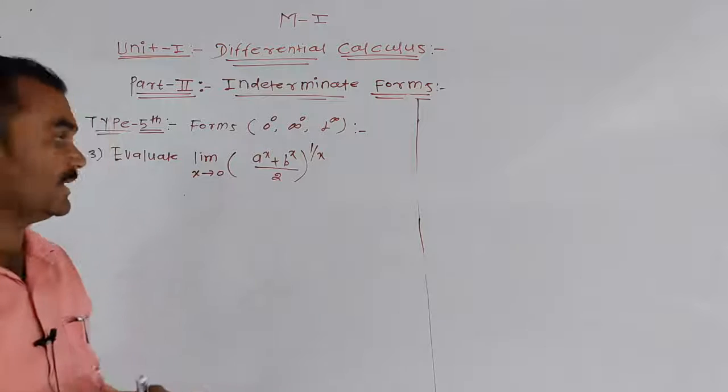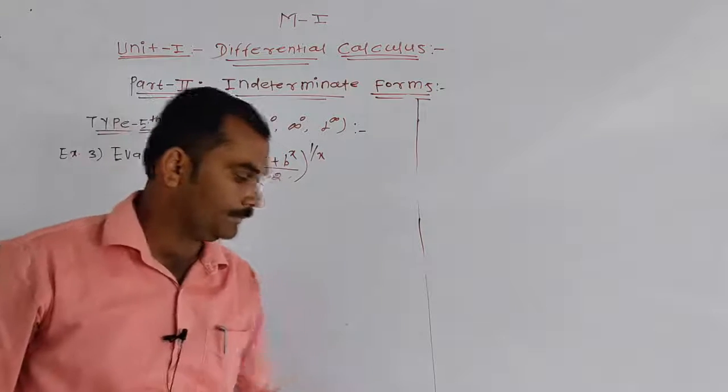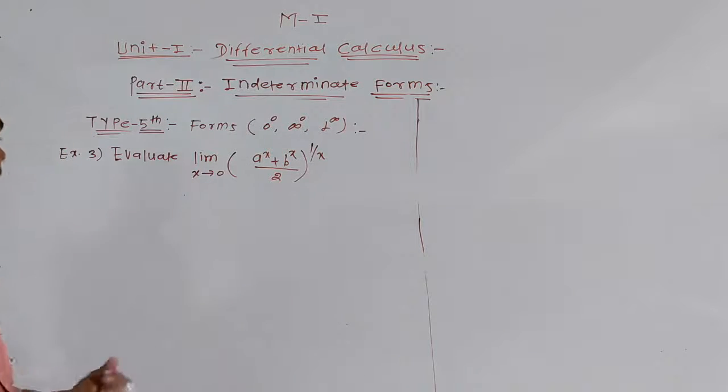Now look on the board. This is your given problem. Evaluate the limit x tends to 0 of a raised to x plus b raised to x divided by 2, whole raised to 1 by x.